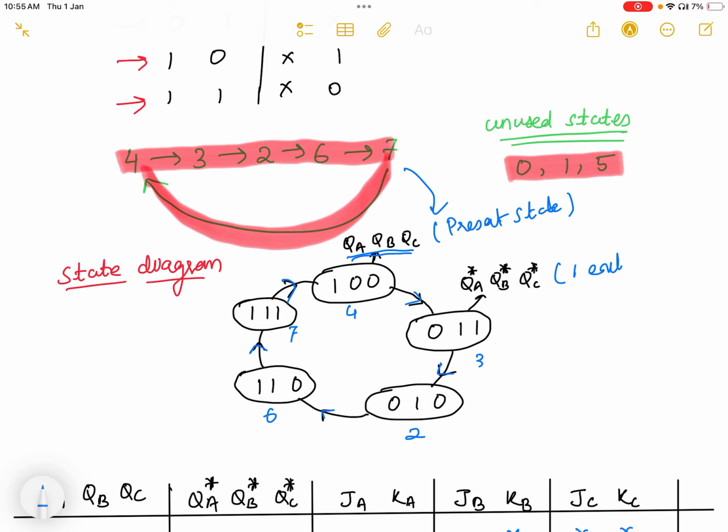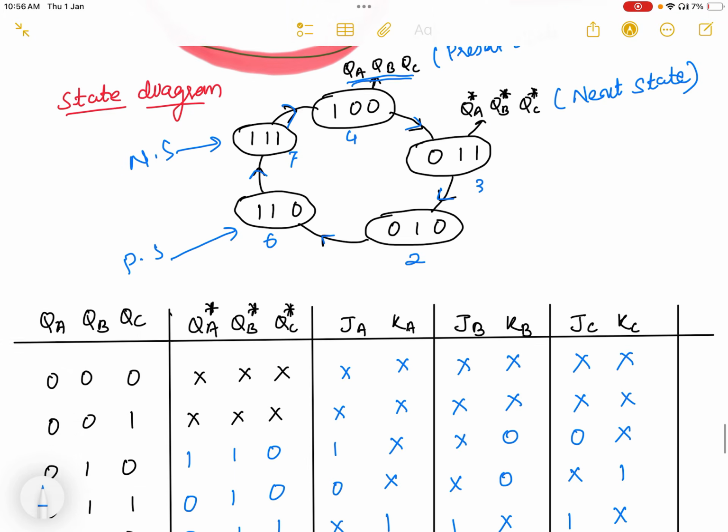If I take this as the present state, then this is the next state, and this comes in a loop. So if you take any one as the present state, after the arrow mark, that is going to be the next state. Once the state diagram is over, you need to write down the table.